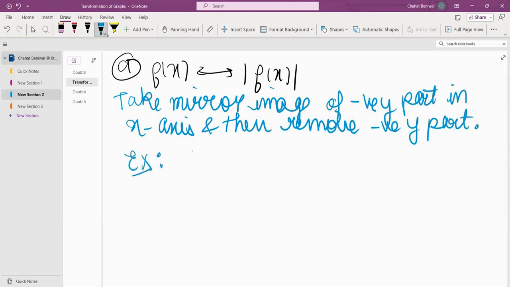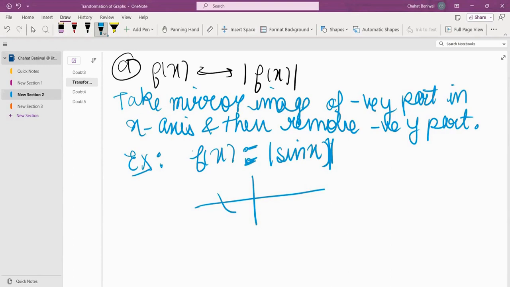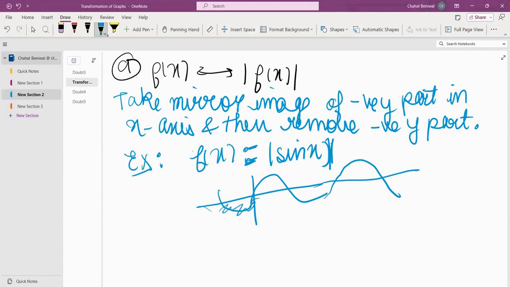Let us again take sin x. We need to make the graph of f(x) equal to mod of sin x. As we know the graph of sin x, we'll do it quickly. So this is going to be the graph. Let me extend it further. We can see the negative y part is here. The definition says that we have to take its mirror image in the x-axis, which is like this.